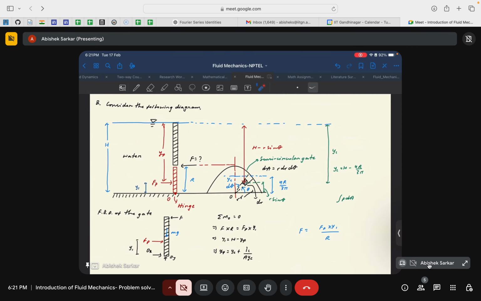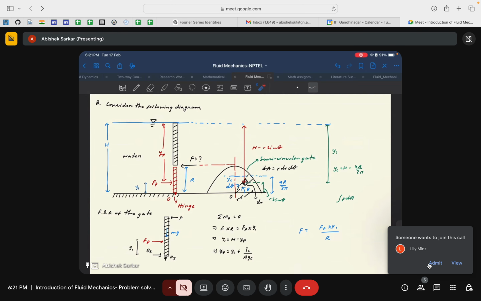For example, this is your plate that is hinged at the bottom of the surface here, and the fluid is kept up to this height, say capital H. The basic problem is you need to find the net force F that has to be exerted at this edge of the red plate shown here, so that the gate does not open.